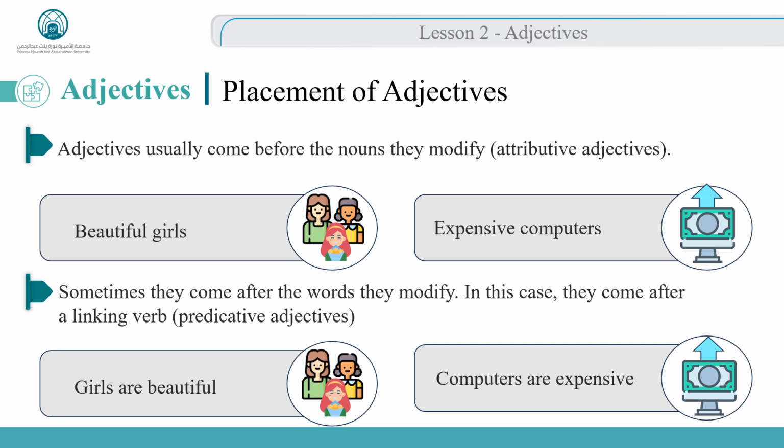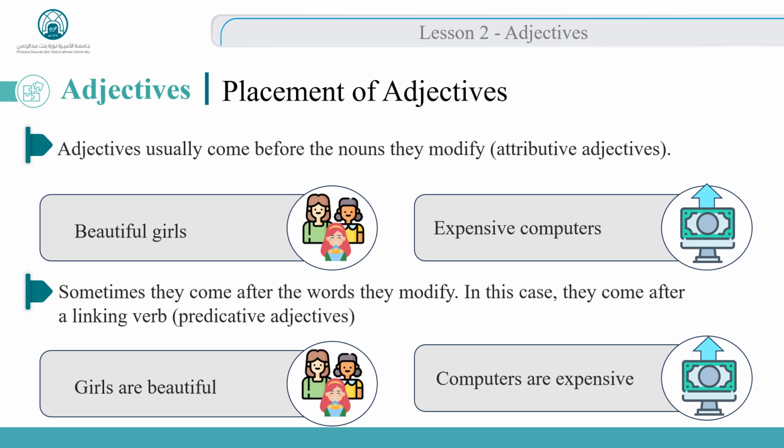It comes in the predicate, in the second part of the sentence. So we have to keep in mind that the place of the adjective depends on the kind of adjective. Attributive comes before the noun. Predicative comes after the linking verb.